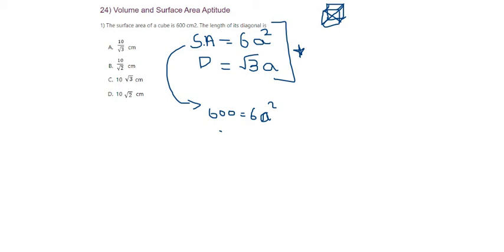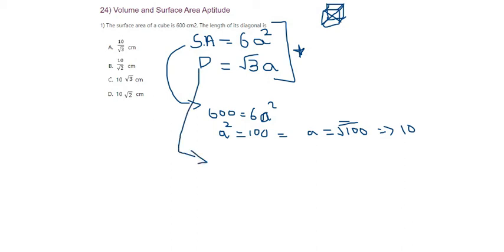When you calculate this, you get a square is equal to 100. So a is equal to root 100, which is nothing but 10. A is equal to 10.